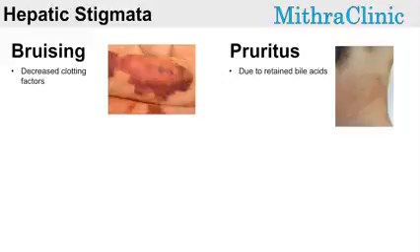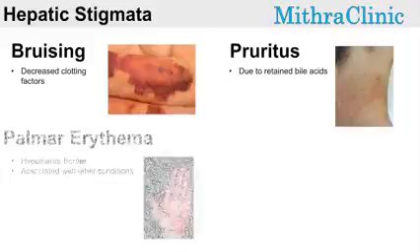We get these retained bile acids, and they cause this sensation of itching, and this is why we get pruritus. These patients often get excoriations as well from itching so much.